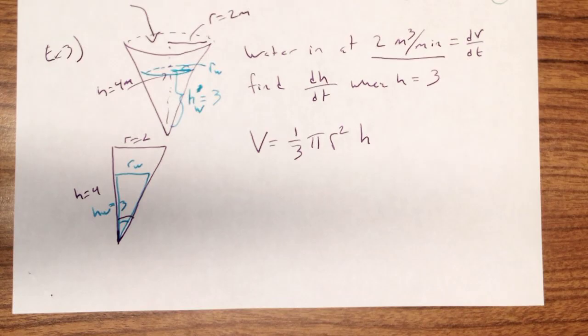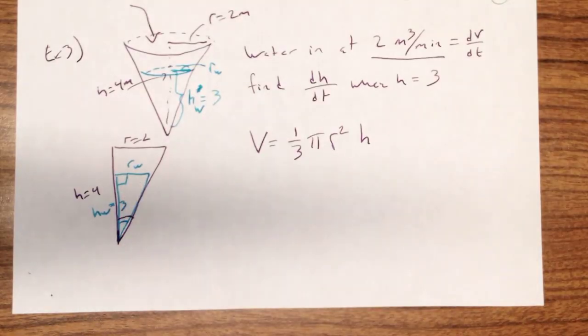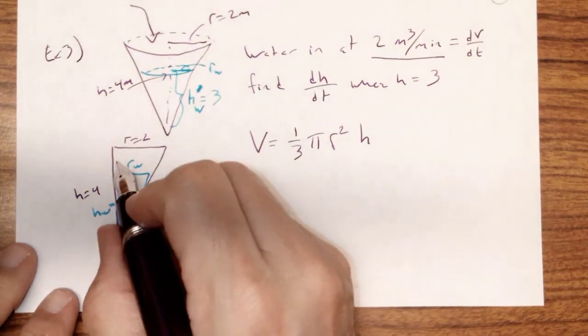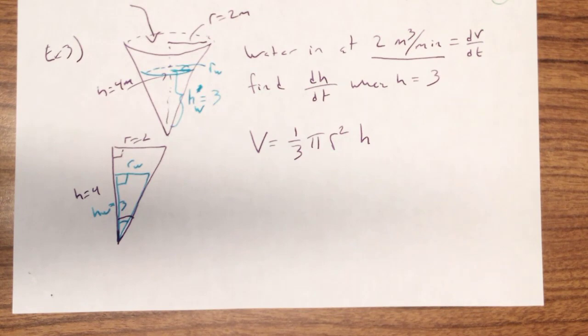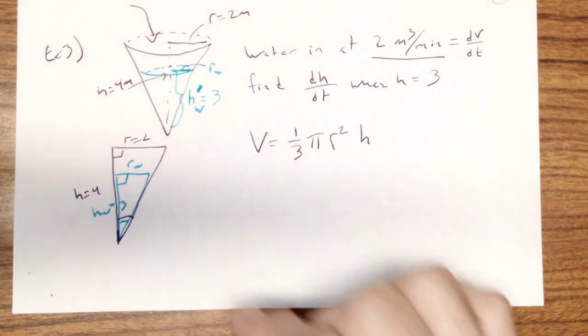And if the two triangles share one angle, they also happen to share another angle. The height is perpendicular to the radius. This is a right triangle. And if they share this angle and this angle, then this angle must also be the same.